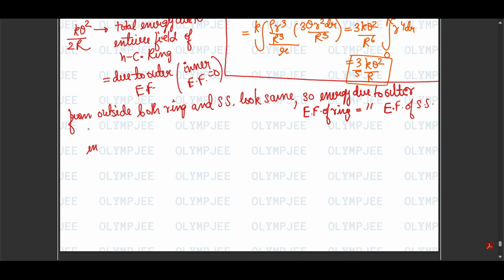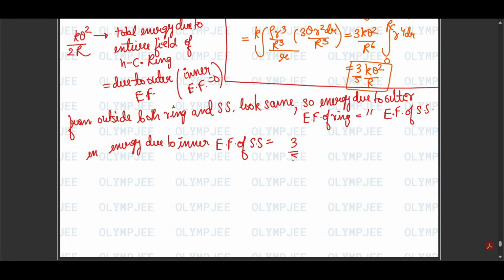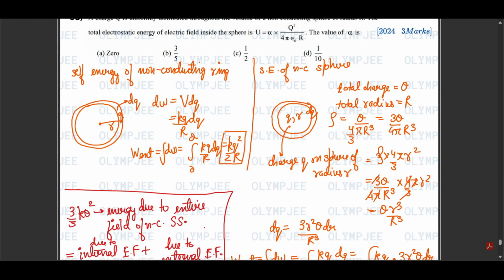So the inner energy can be given as the difference of both, right? Which will be equal to 1 by 10 kq square by r. So the answer is option D.